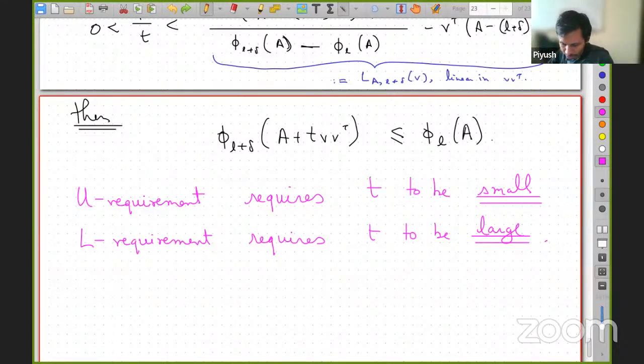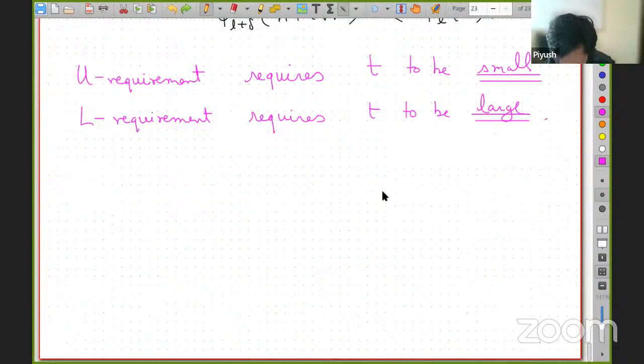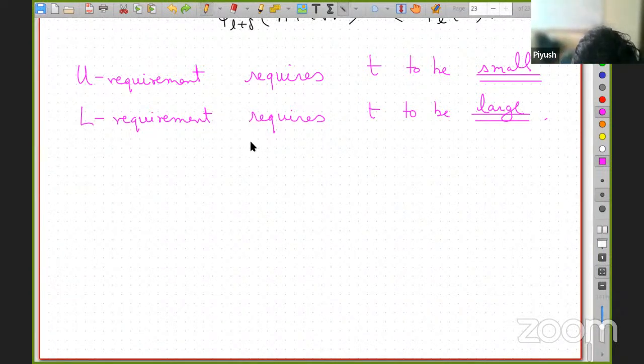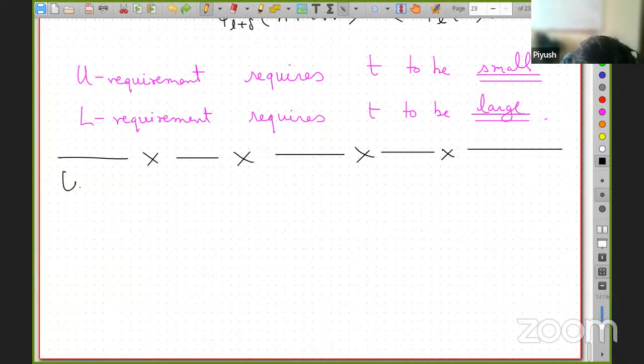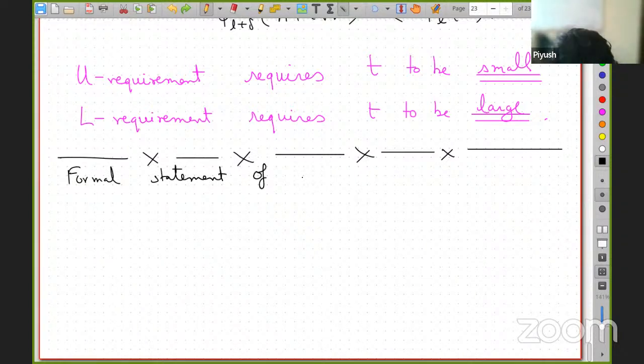Okay, so let's look at some formal requirement. So let's just see what all we have so far, some of which I haven't explicitly stated. So our goal, or there's a formal statement so far.